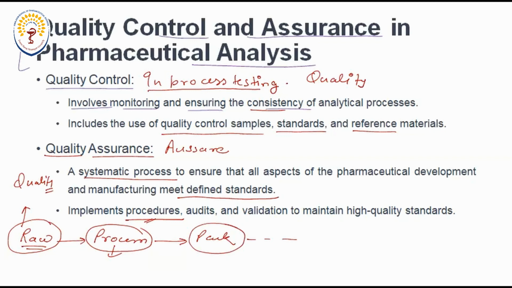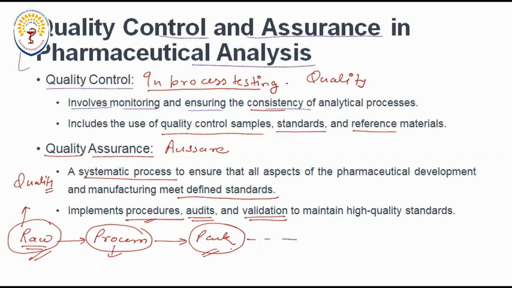And quality assurance constantly checks, audits these processes, the raw material quality and all the steps in the manufacturing. They are also validating that whatever the standards are given, they are being followed properly.